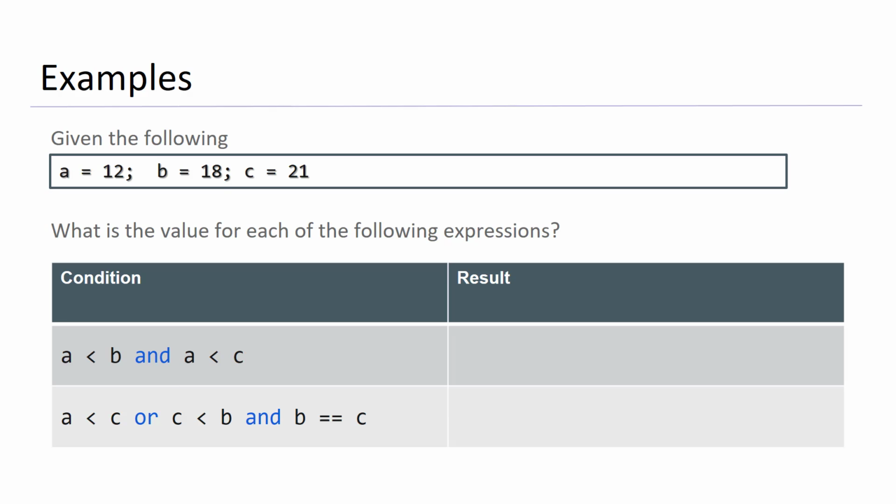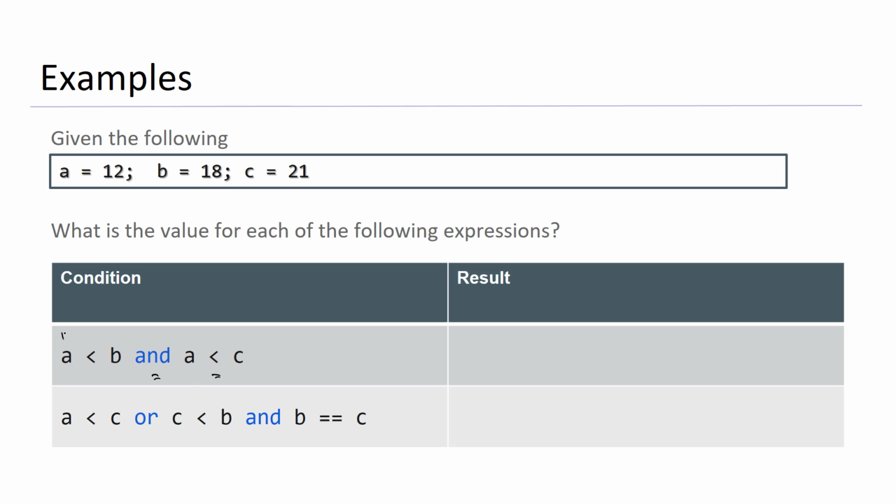To understand how evaluation happens, let's see two concrete examples. Assume that A is equal to 12, B is equal to 18, and C is equal to 21. Here we have two conditions, and these conditions now contain both comparison operators and Boolean operators. First you have to evaluate the simple sub-expressions.